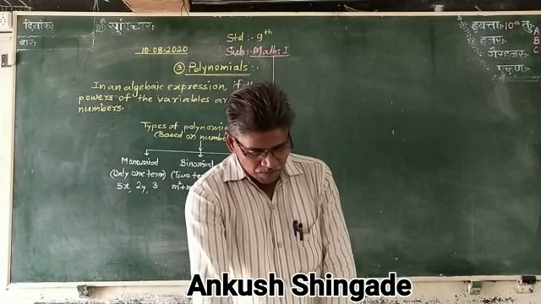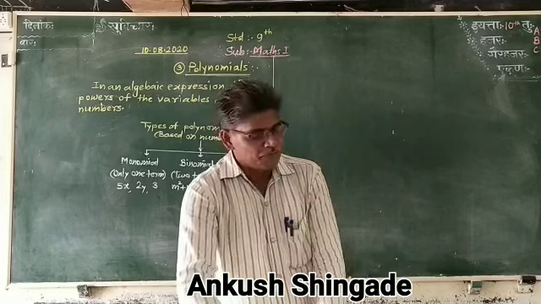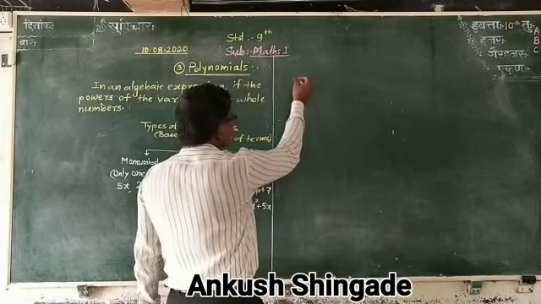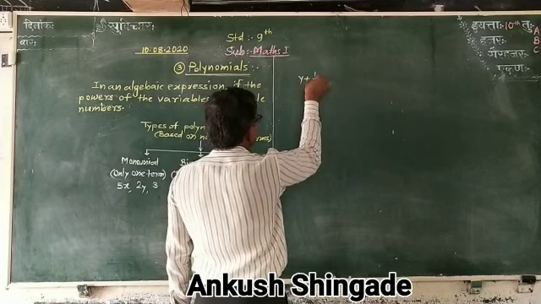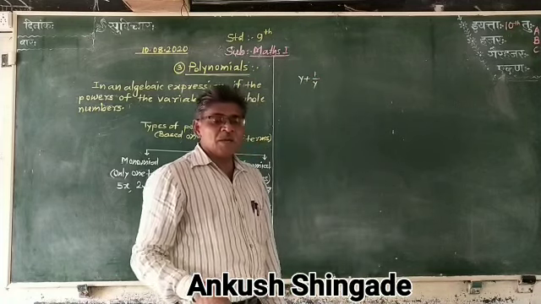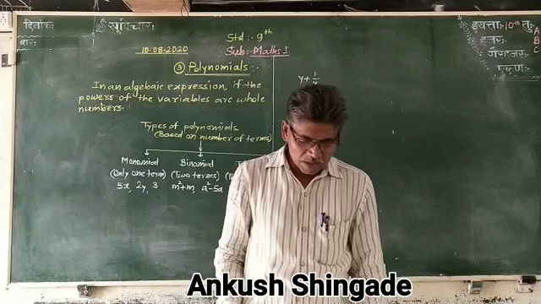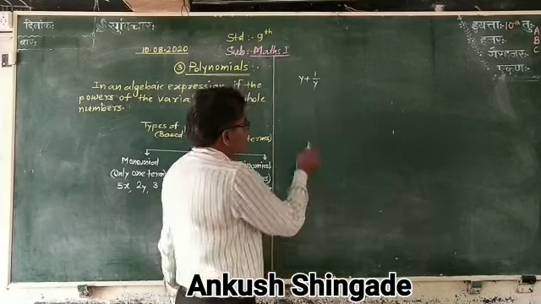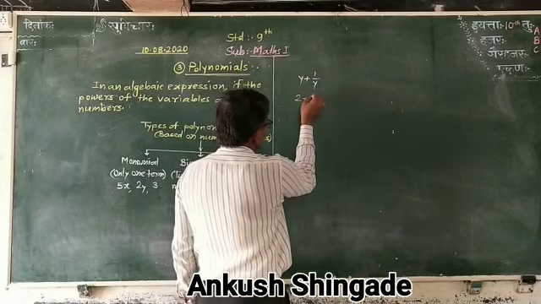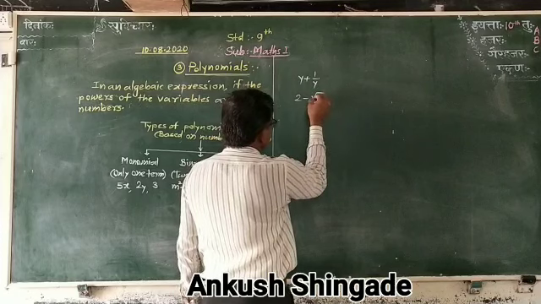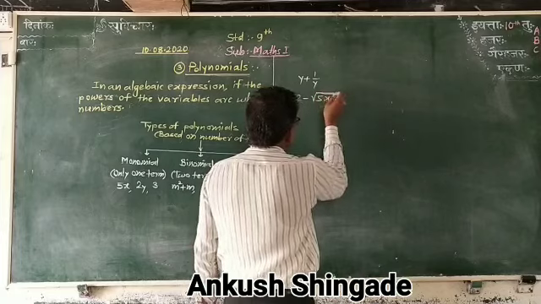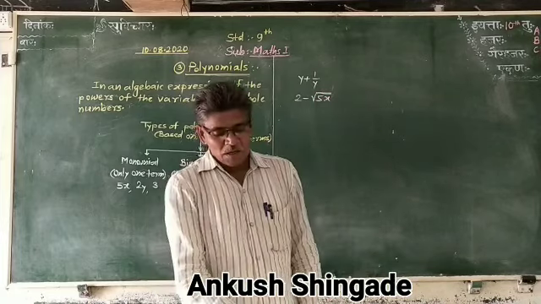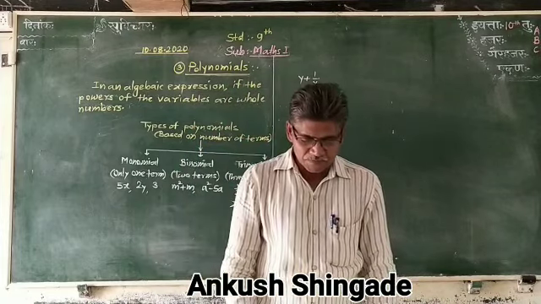In these expressions, for example, y plus 1 upon y, this is an algebraic expression, as well as 2 minus root 5x. This is also an algebraic expression.